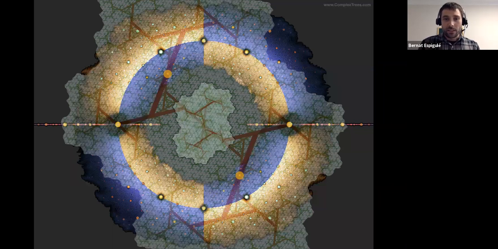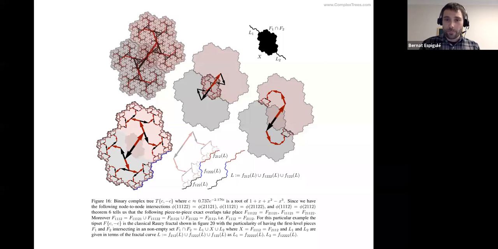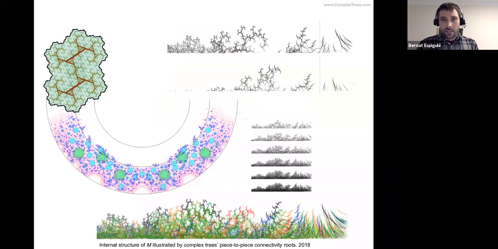That's one case when the intersection of the 2 first level pieces are intersecting, and in this case you are getting the same example as at the beginning, and this corresponds to the Rousey fractal. And then you can also compute the geodesics of the boundary and do different things in these cases.